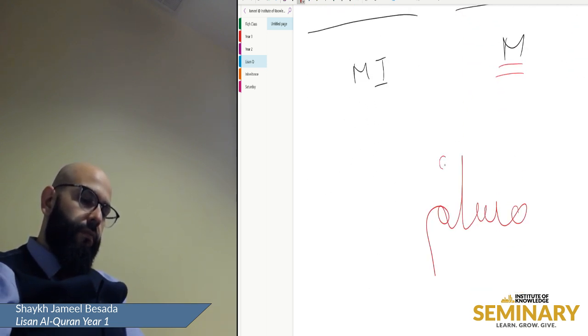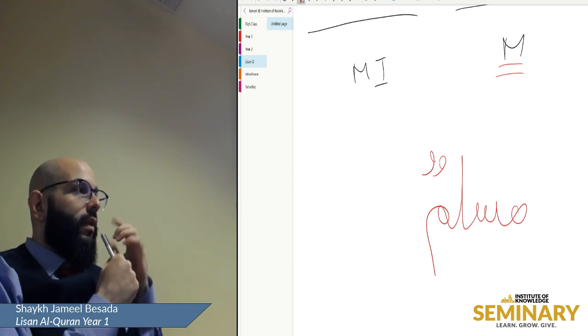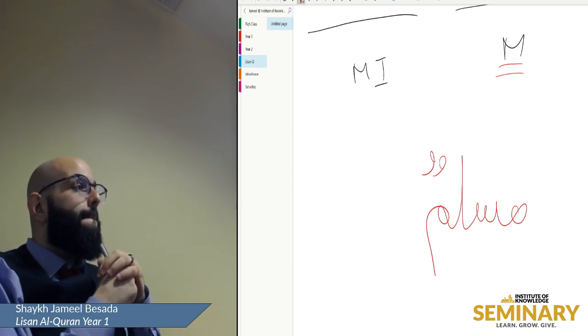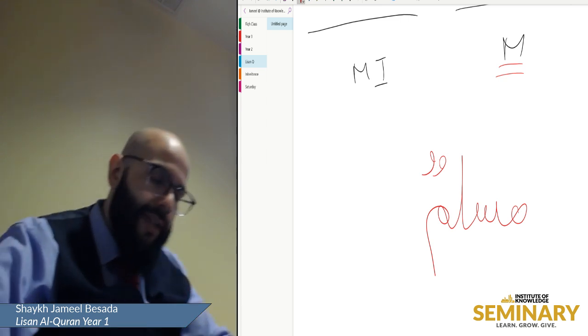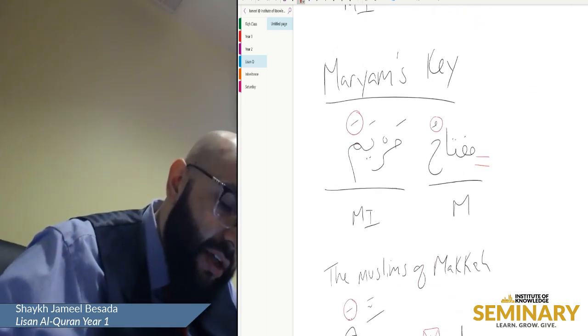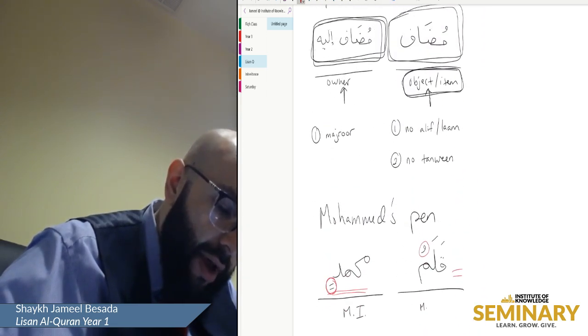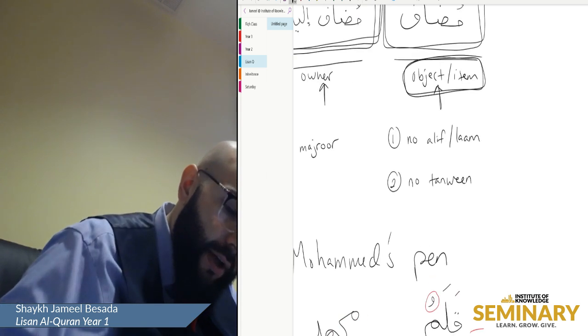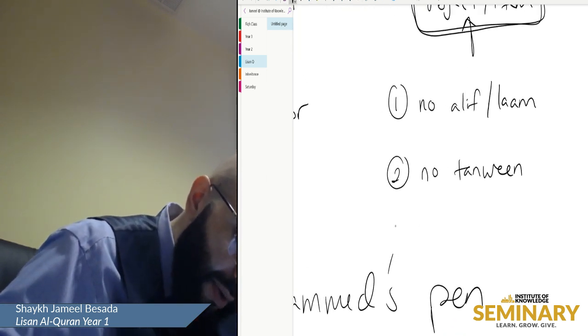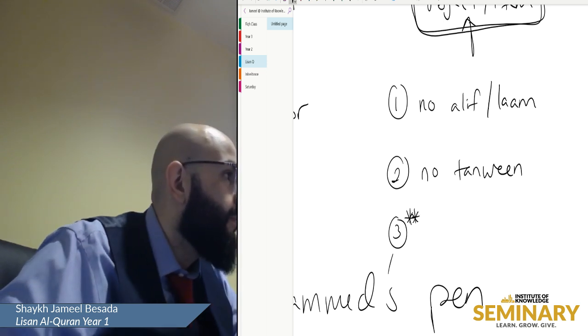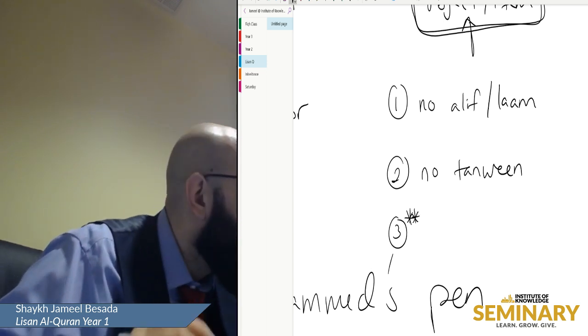So there's one more rule from above besides being no alif lam. It's a rule that doesn't apply to everything. It only applies to some things. So if you want to go back to your rules sheet, we can do special rule number 3, which is special only for the mudaf.